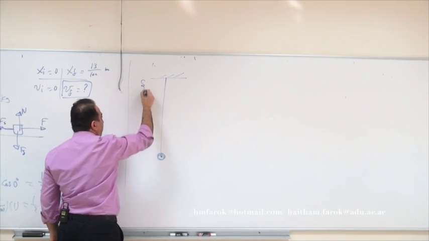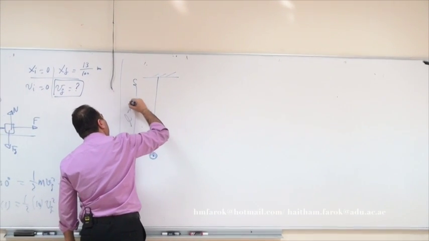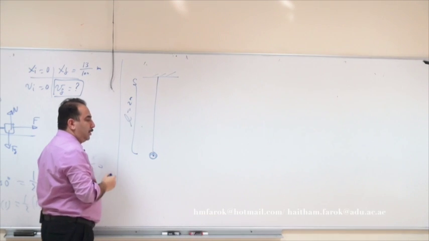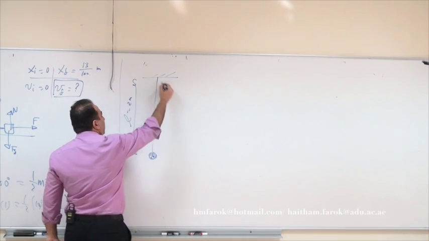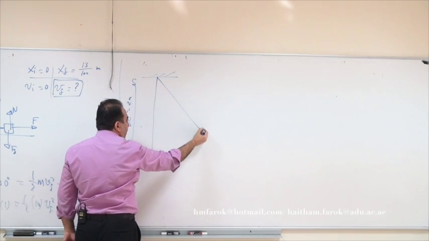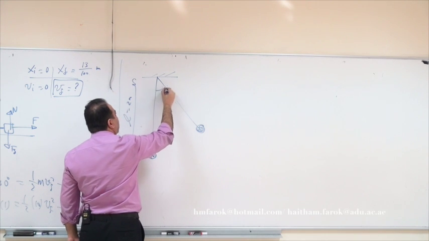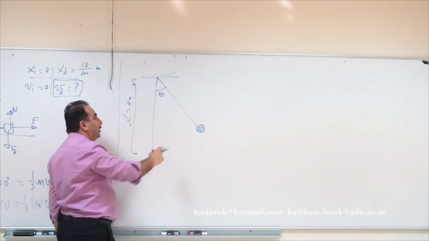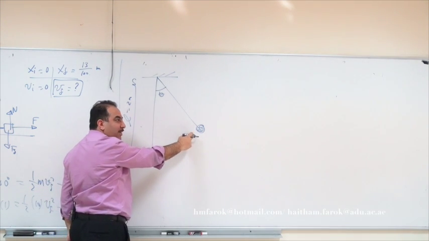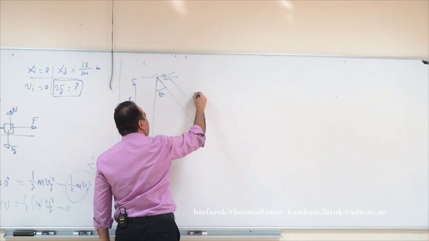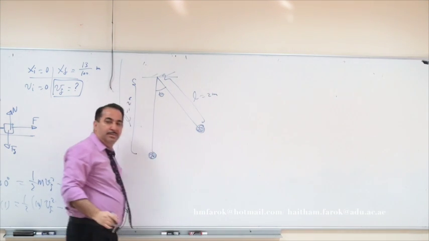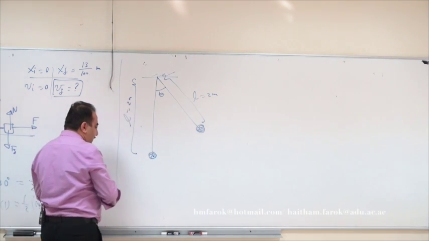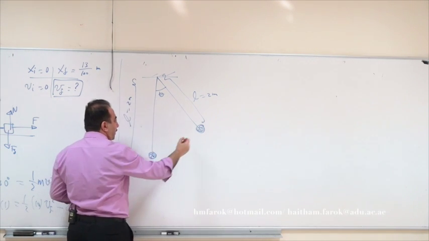And the length of the pendulum, L, 2 meters. This is at the lowest point. Now, when it's here, it makes an angle, theta. Don't forget, this looks shorter, yes, but it's the same. This is L. And it swings on an arc.